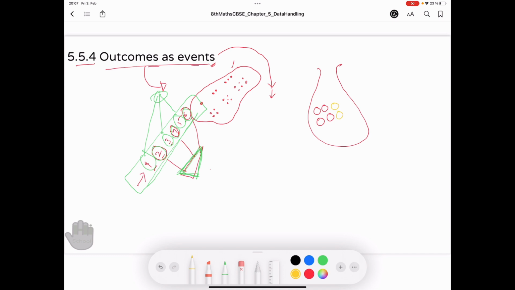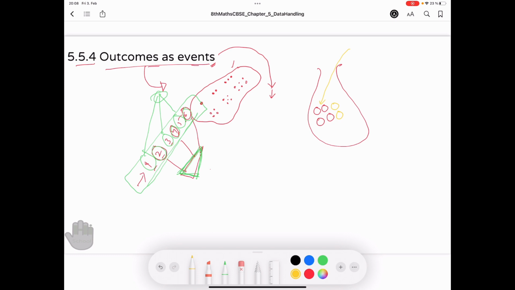Consider the probability of getting a red ball when we are not looking into the bag and just pull out one ball.